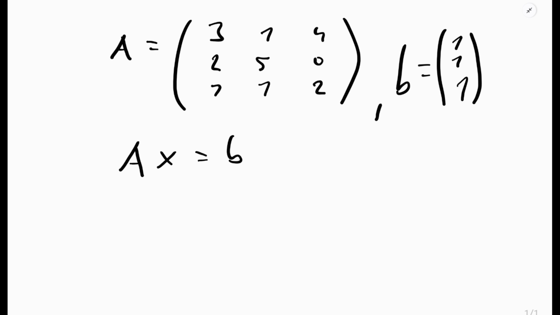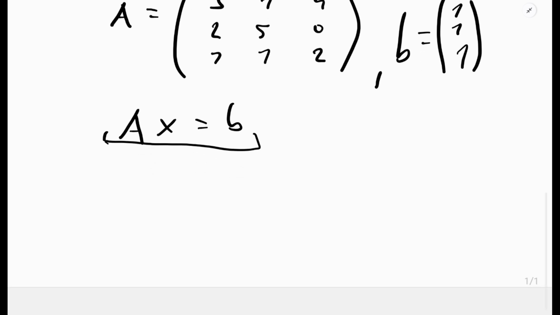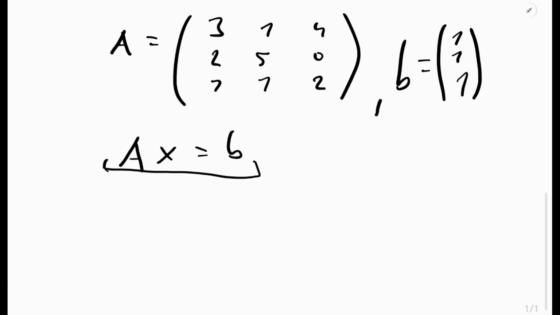All right. And so now what we know is b is on the right side of such an equation. So this equation states that if we multiply this matrix A by some vector x on the right side, the result will be vector b.